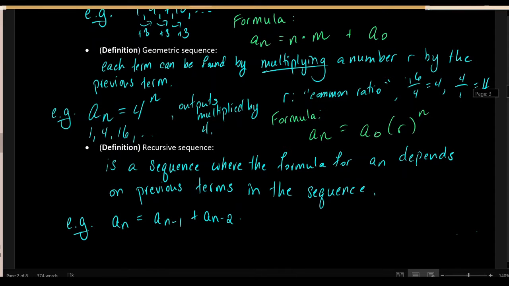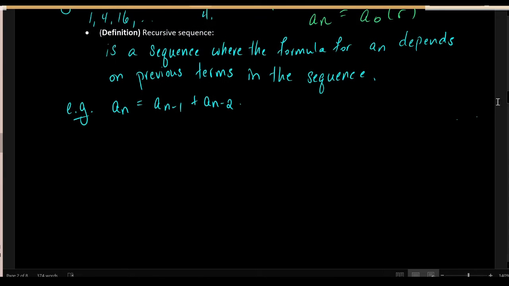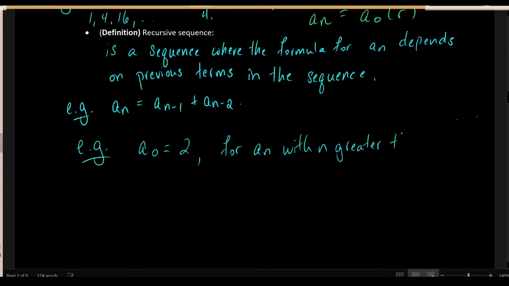For another quick example of a recursively defined sequence, I could just make up basically whatever I wanted. I could say, for example, let's start with a naught equals 2, and then for every larger index n, let's say that we'll get that term by squaring the one that came before.